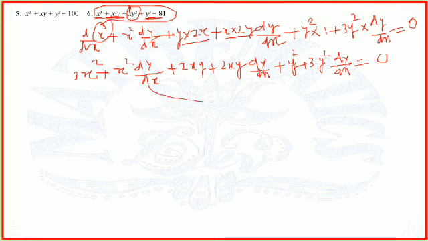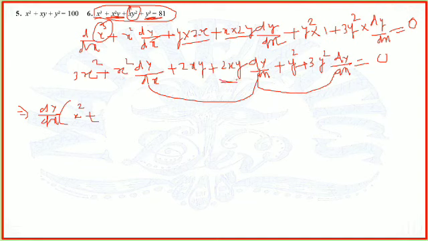Now this term, plus this term, plus this, we will be taking dy upon dx common. So dy upon dx is outside, and inside we have x square here, x square plus 2xy, this one 2xy, and then plus 3y square is the last one.